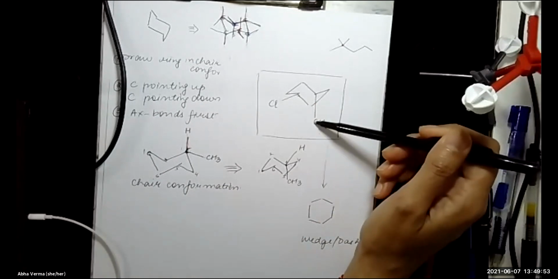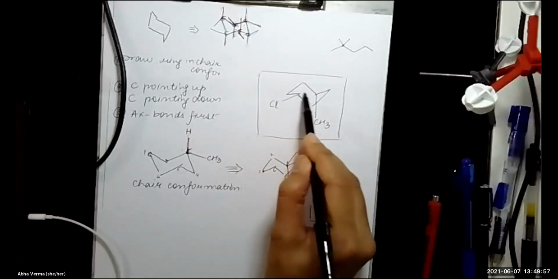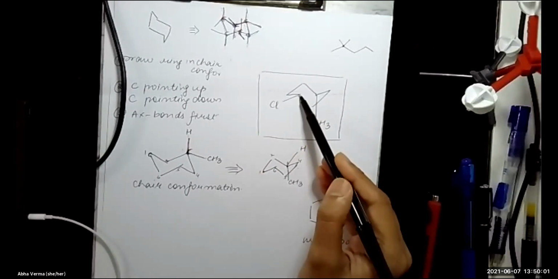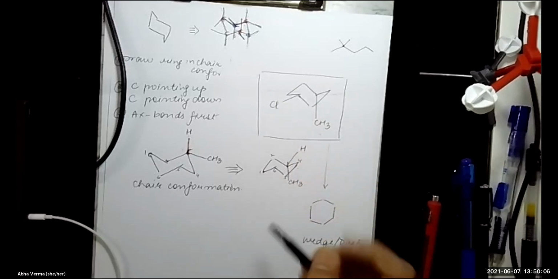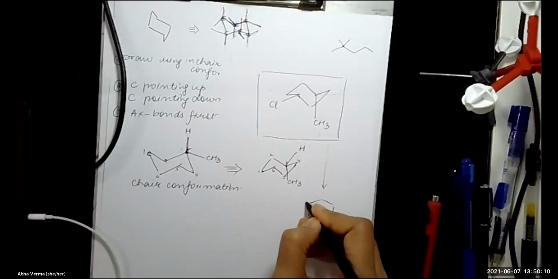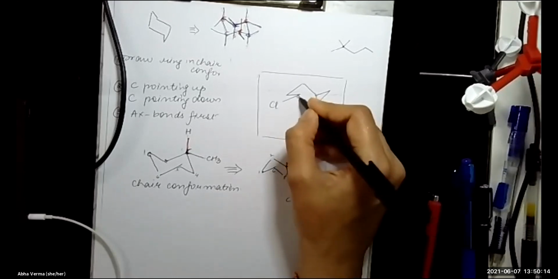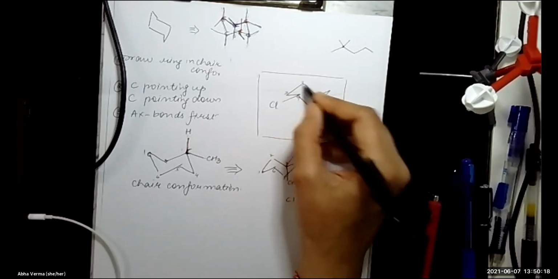So looking at the structure, are the chlorine and the CH3 both in the same plane or in opposite planes? If you look, this chlorine is going down. So I will choose any carbon. I will choose this carbon and I will show my chlorine going down. So this is carbon 1, 2, 3, 4.